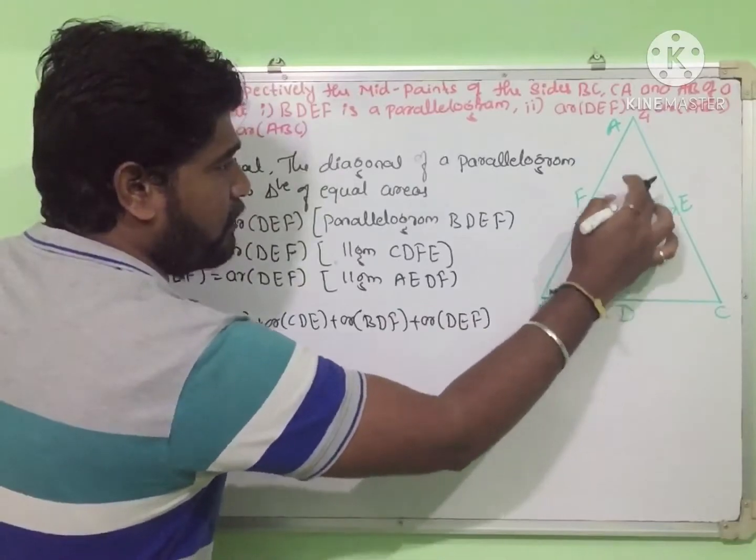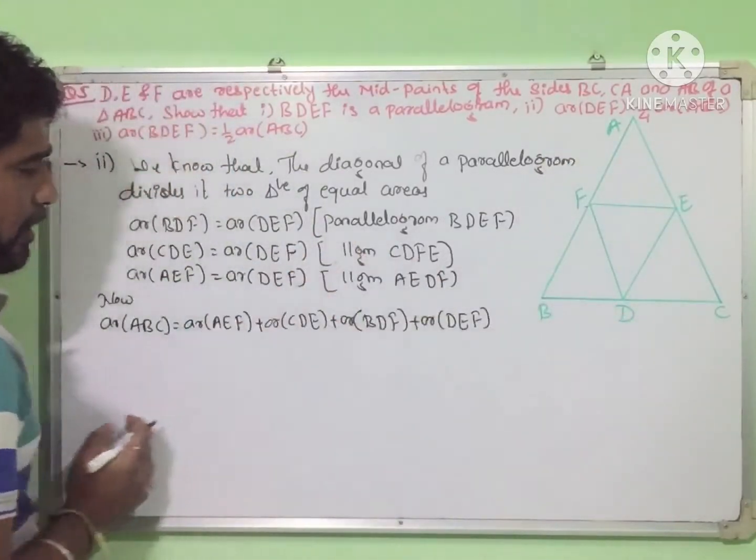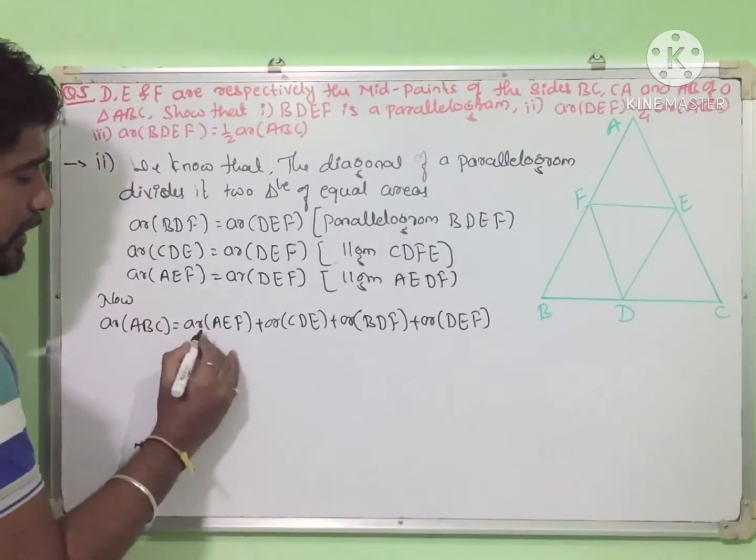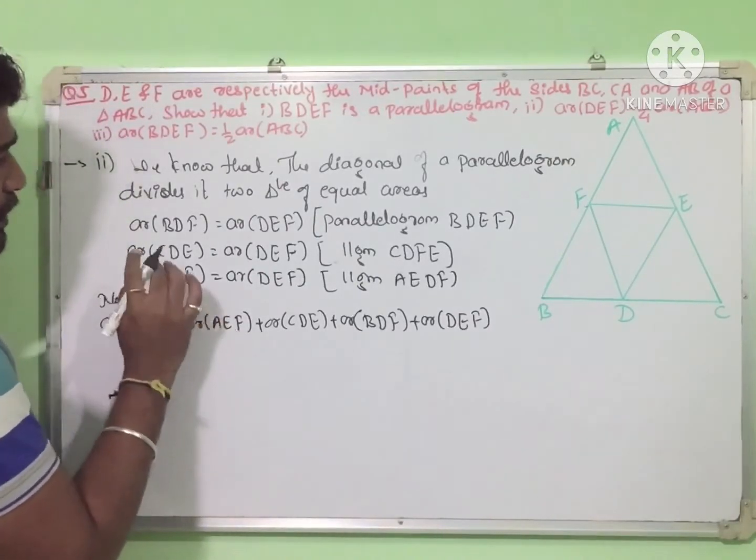So the sum of these four is triangle ABC, right?